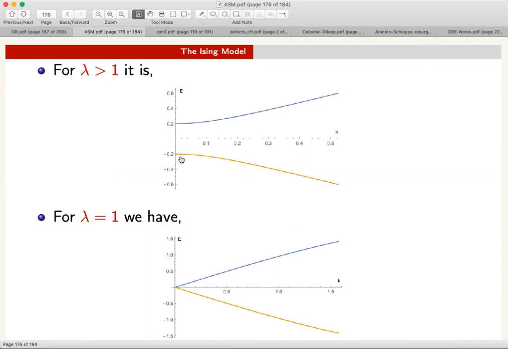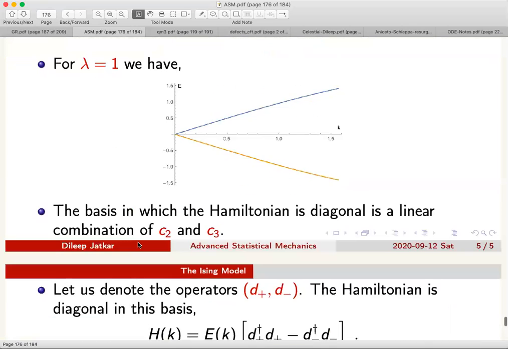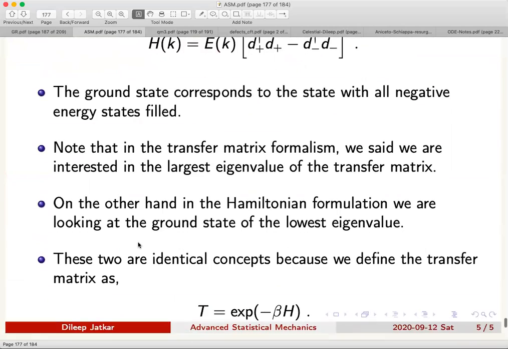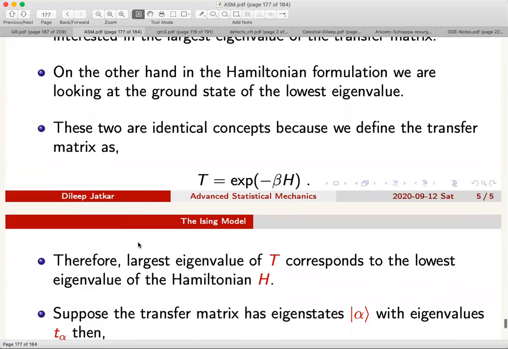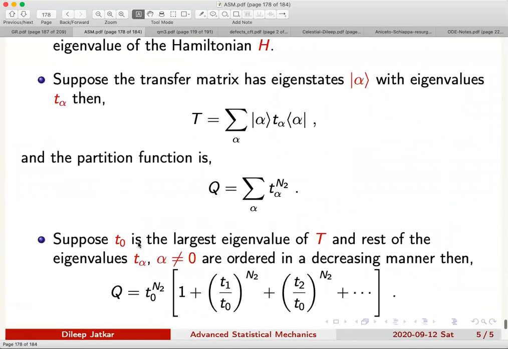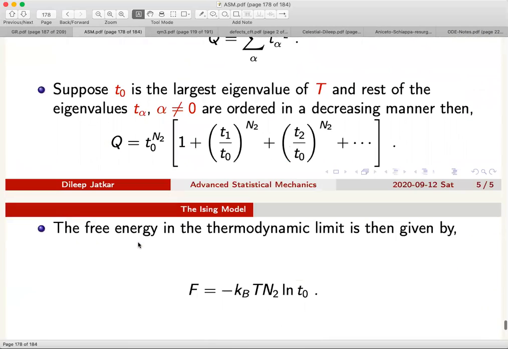And how does this system develop a gap, and what kind of non-analytic behavior does the system exhibit in the neighborhood of lambda equals 1? So although we are doing the integral from 0 to pi, our real focus is going to be in the neighborhood of k equals 0.